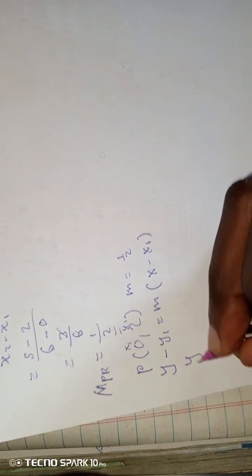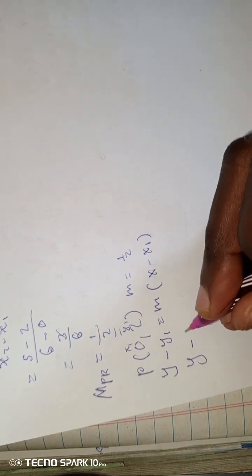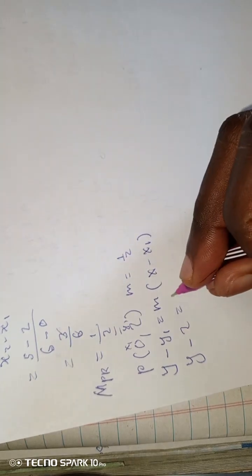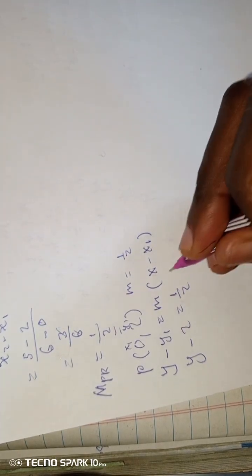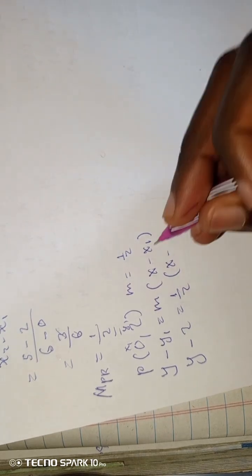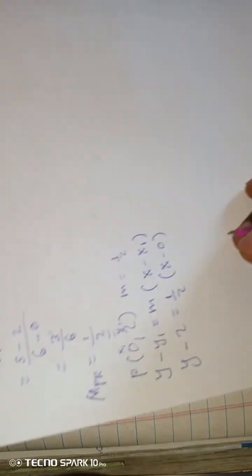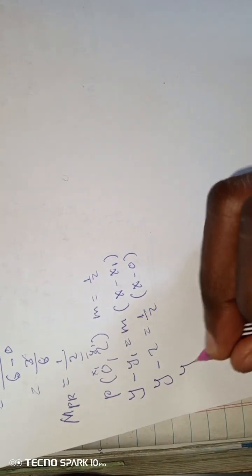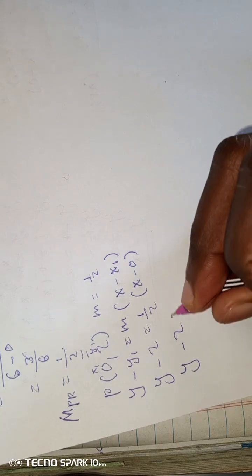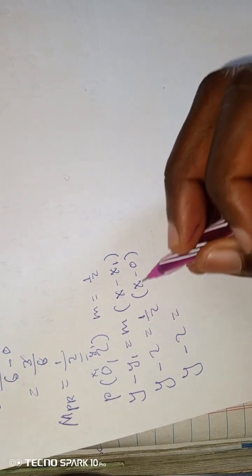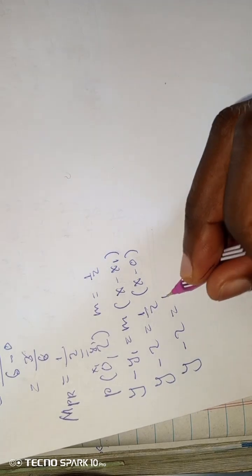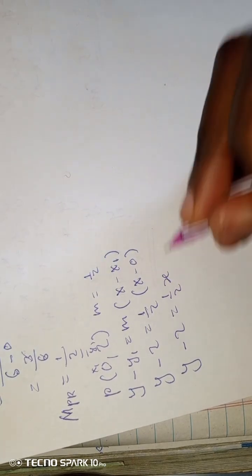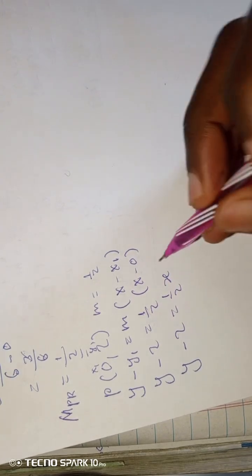So y minus my y1 it's 2 equals my gradient it's 1 over 2 open brackets x minus my x1 it's 0 here. So I'll have y minus 2 equals half multiplied by x, it will be 1 over 2x, and then half multiplied by 0, it will be 0.